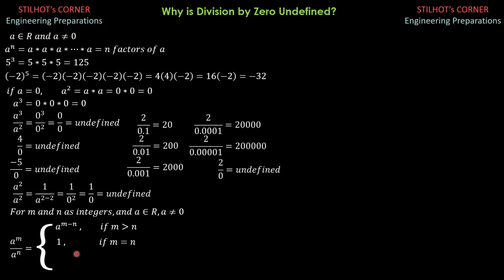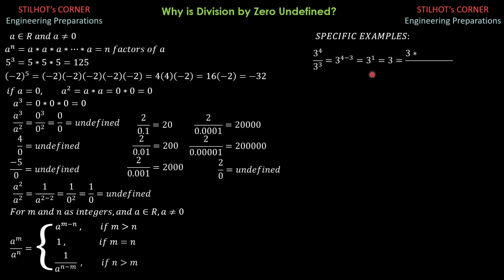Then this is equal to 1 over a to the quantity n minus m when n is greater than m. So, for instance, these are the specific examples. 3 to the 4th over 3 cubed is 3 to the 4 minus 3, and that is 3 to the 1.